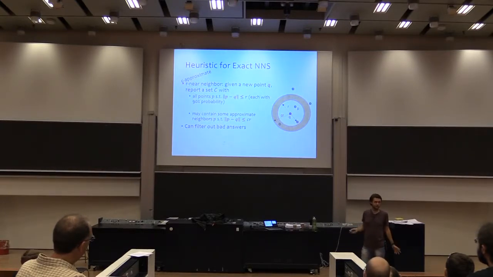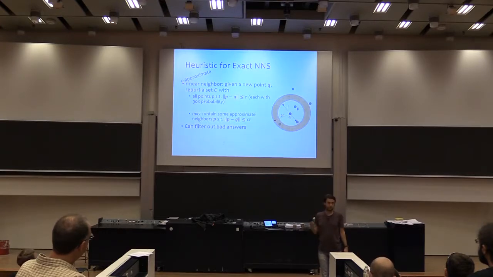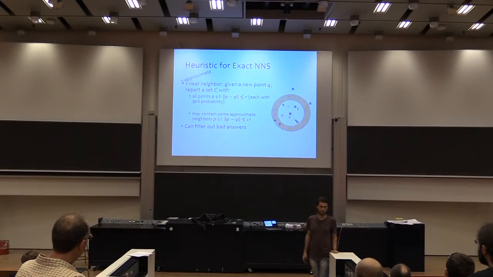So if the yellow band doesn't contain too many points, then the list is not too large, and the list is guaranteed to contain your exact near neighbors, and then you can post-filter, essentially. So think about this algorithm as a very good filtering algorithm to reduce your search space of potential answers. Okay, and this is often how it is used in practice.